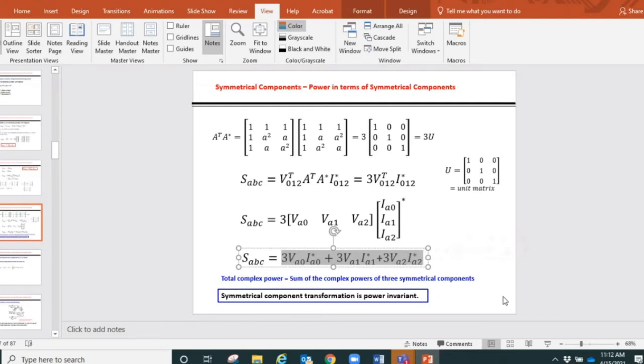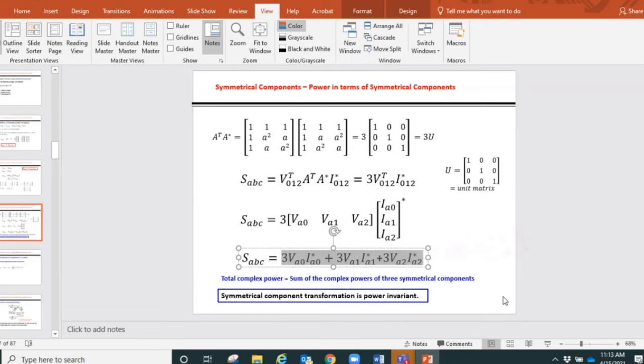So what we do, we use the component voltages and currents, take them respectively, meaning VA0 is multiplied with the IA0 conjugate, VA1 is multiplied with the IA1 conjugate, VA2 is multiplied by the IA2 conjugate, and then we add them, multiply by 3.